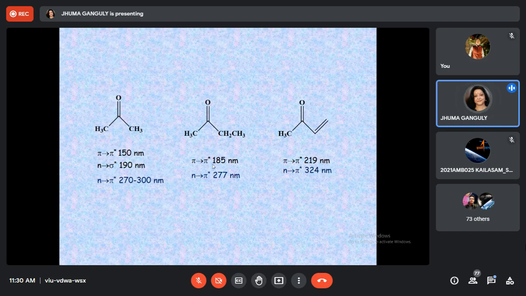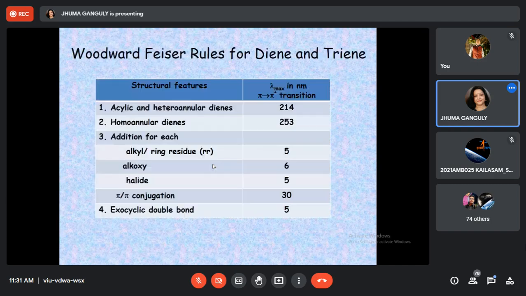So plus I effects and conjugation both play a very significant role in changing the lambda max value for this compound, and we thoroughly identified this with this slide. So that is something we can gather from this UV visible spectroscopy analysis part.